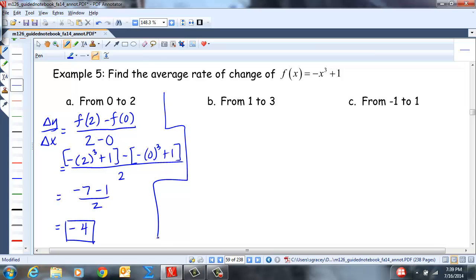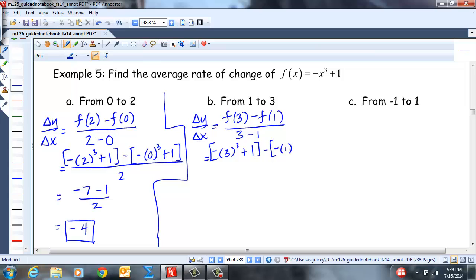Now going from 1 to 3, change in y over change in x is f at 3 minus f at 1 over 3 minus 1. This will be negative 3 cubed plus 1 minus negative 1 cubed plus 1, all over 2.